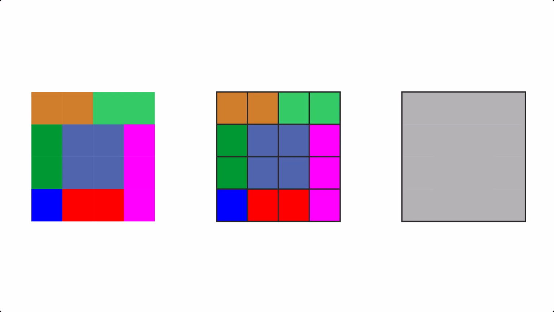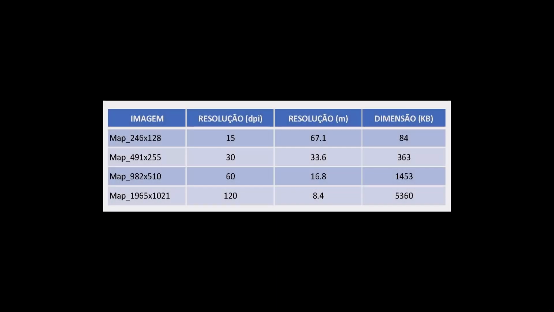In other words, increasing the resolution of images has the advantage of being able to represent smaller objects, but it also implies an increase in the volume of information to be stored on the disk, accompanied by an increase in the amount of information to be processed in the geographic information system and, consequently, an increase in the time it will take the system to carry out the analysis tasks requested of it.